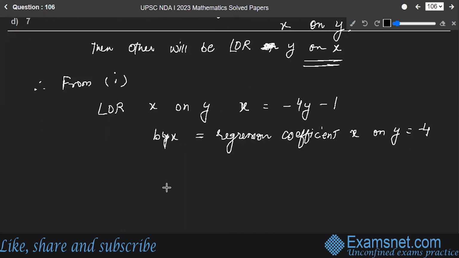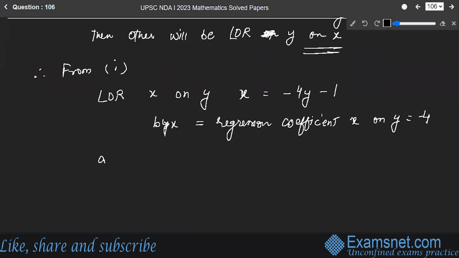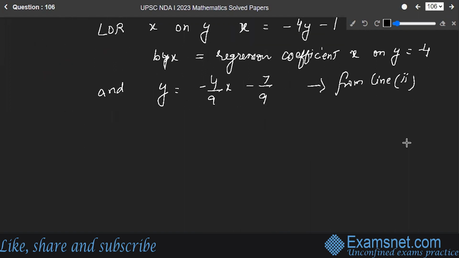And y is equal to minus 4 by 9 x minus 7 by 9. This is from line 2. Therefore, sorry, this was bxy.